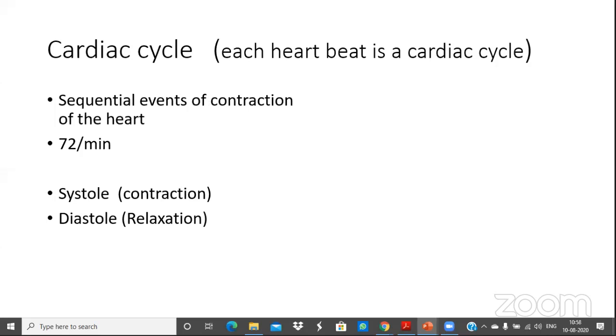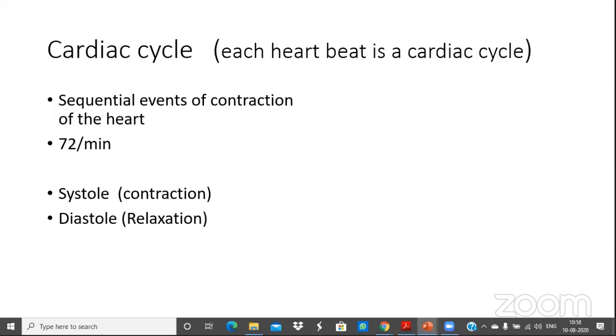Each beat is called a cardiac cycle. So in one minute, how many cardiac cycles take place? How many beats are there? There are 70 to 80 beats, 72 on average for an adult human. 72 beats means 72 cardiac cycles take place. Already I told you each heartbeat is a cardiac cycle. A little later I'll discuss what events take place inside.